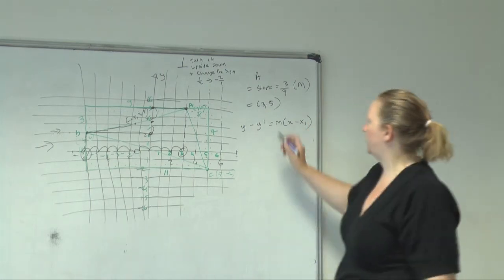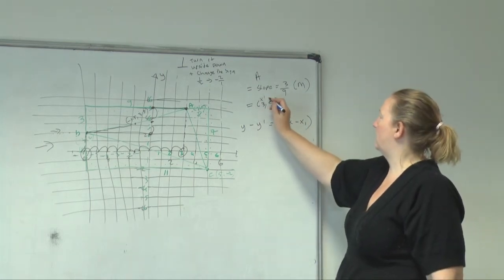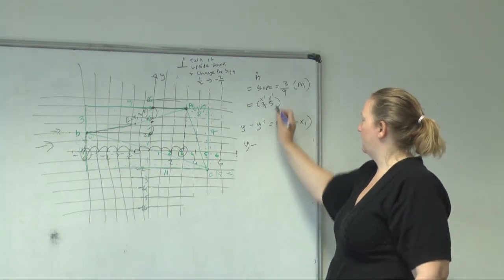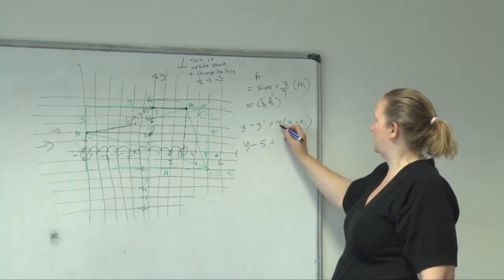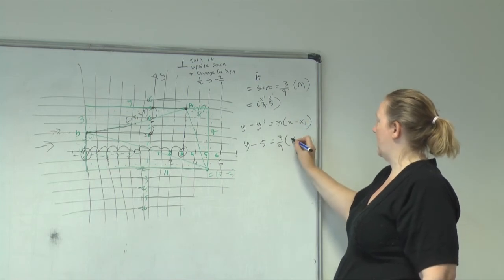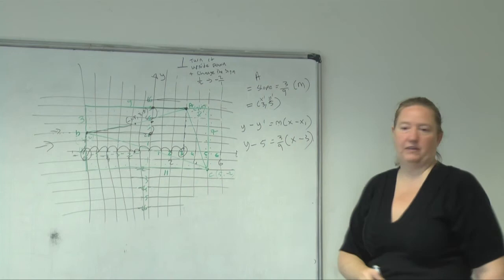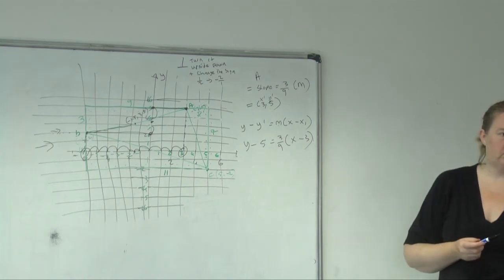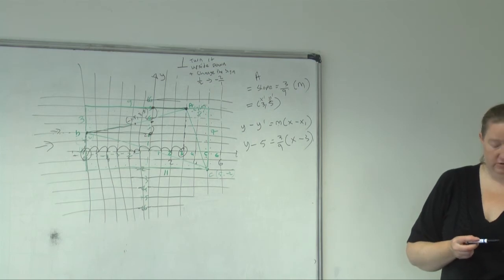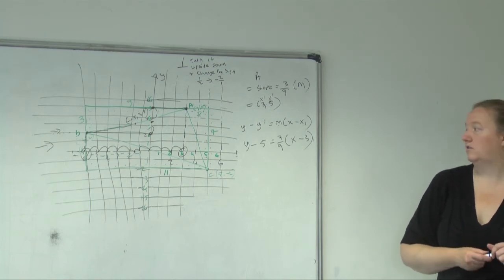And you simply substitute in, this is x1, this is y1, and you have y minus 5 equals, instead of m you put in your slope, 3/9 bracket x minus 3, and just leave it at that. That's it, that's all you do if you're asked to get the equation. Okay, don't have to work it out any further.